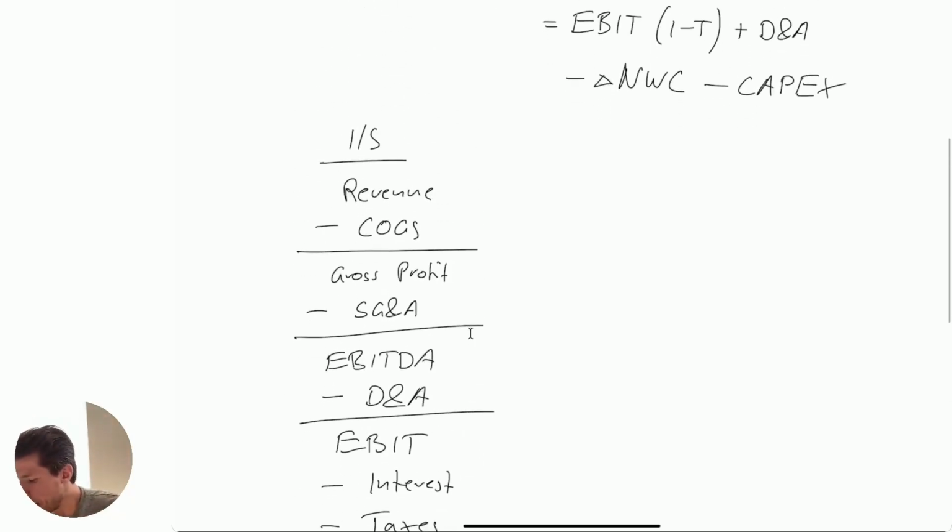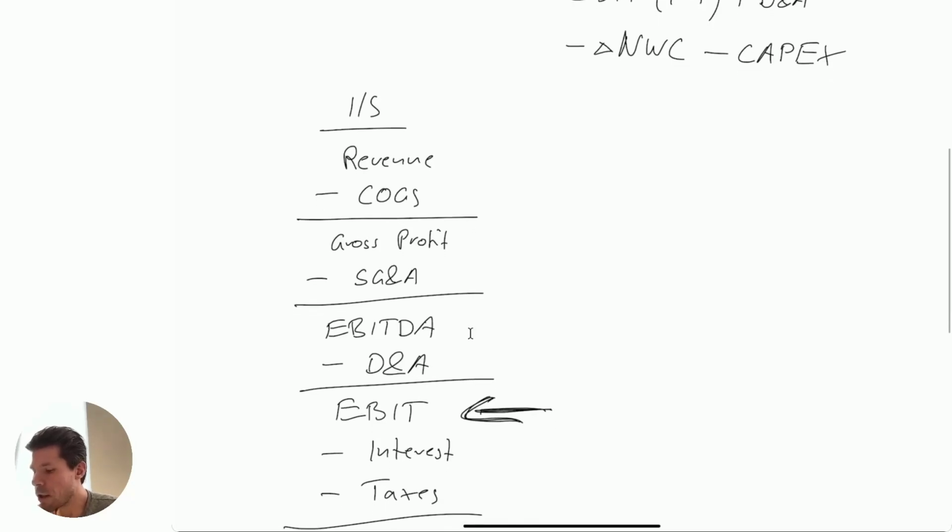Why do we start here? We can't start higher. We can't start with revenue or EBITDA or gross profit because if we use revenue, gross profit, or EBITDA as a starting point, as an approximation for free cash flow, then we can see the cash flow approximation is not detailed enough.